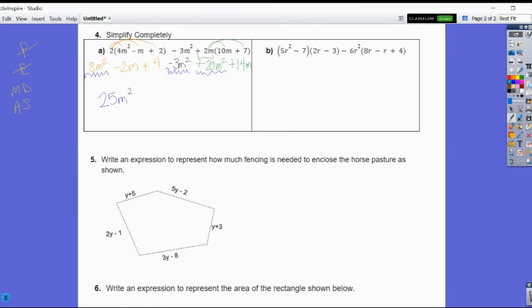Look for more like terms in there. I've got a -2m and a +14m. -2 plus 14 is going to be a +12 with the same m. Lastly, I see a +4 constant, no other constants around, so that'll stay the same. There's our simplified polynomial.